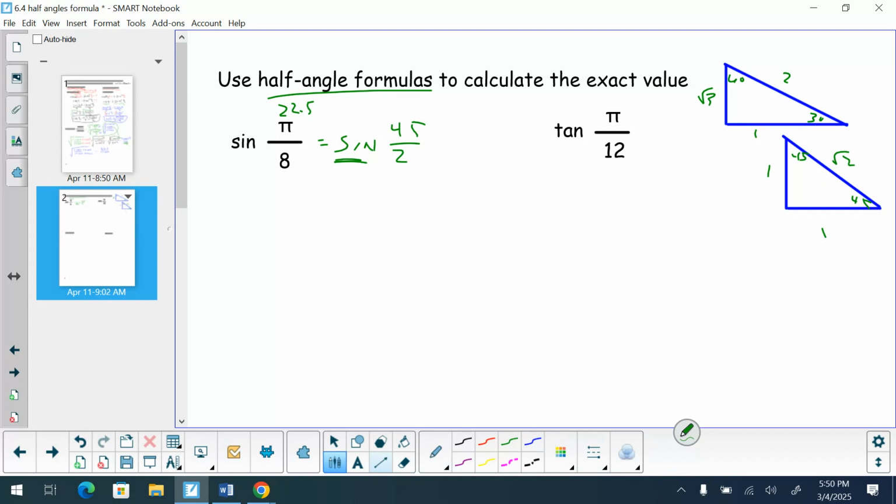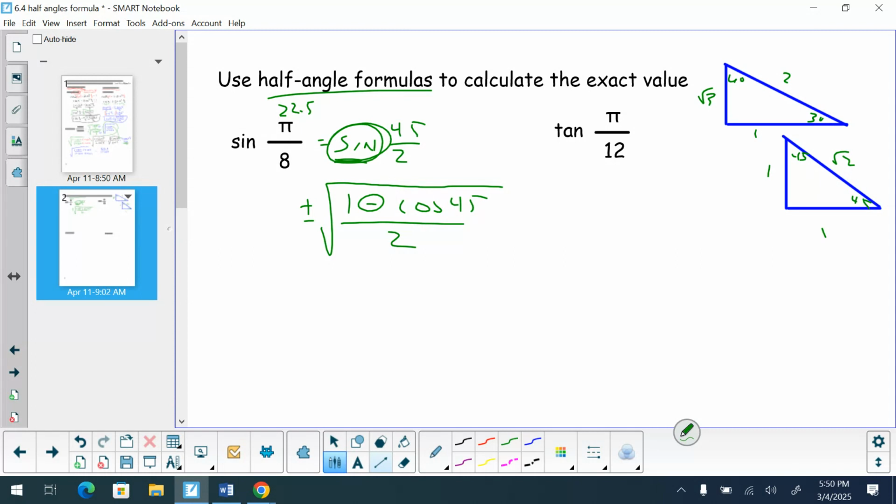And the next problem, if we take a look at the value of 45, we can rewrite this as plus or minus the square root of 1 minus cosine of 45 divided by the value of 2. Remember, when we're dealing with sine, this is a negative sign.